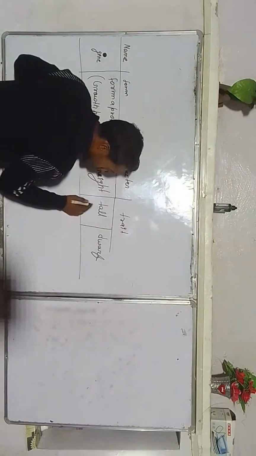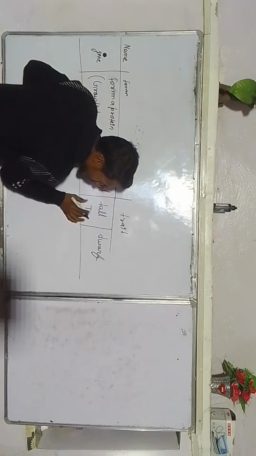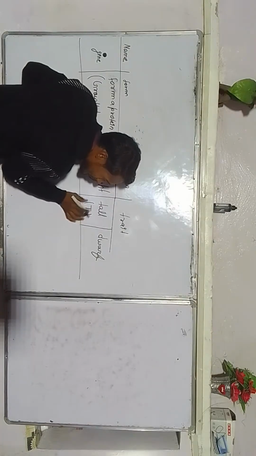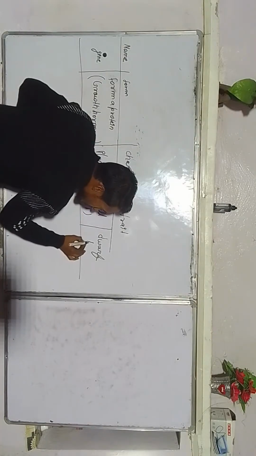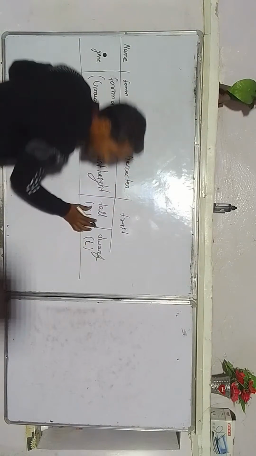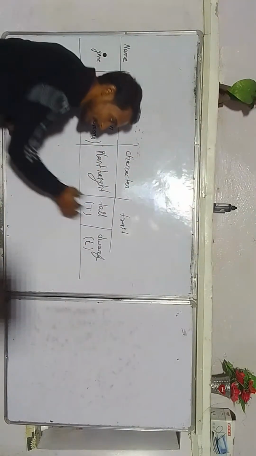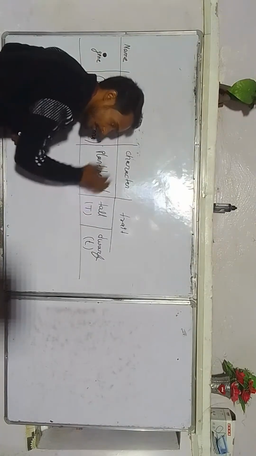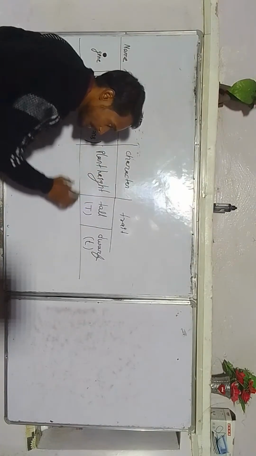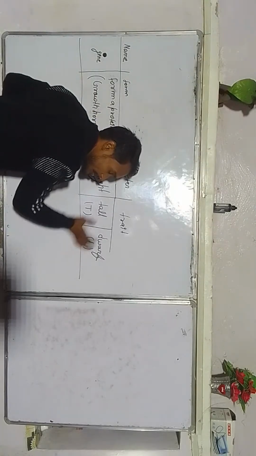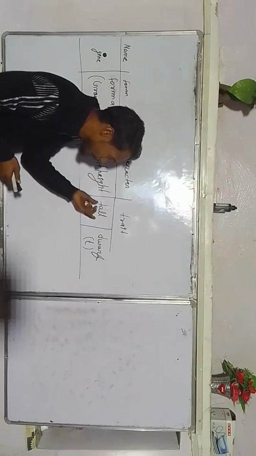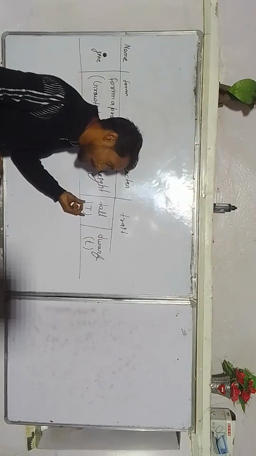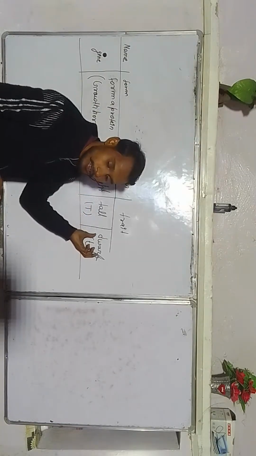For tall we write capital T, for dwarf small t.